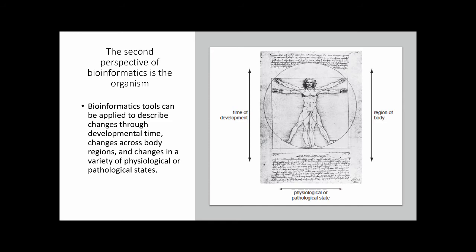So, you can use, for example, usually in the transcriptomic data, what genes are being expressed during fetal development, what genes are being expressed in childhood, what genes are being expressed in adults, in old age, and so on. And even different physiological or pathological states. For example, diseased versus healthy data. This is usually the target of microarray analysis.